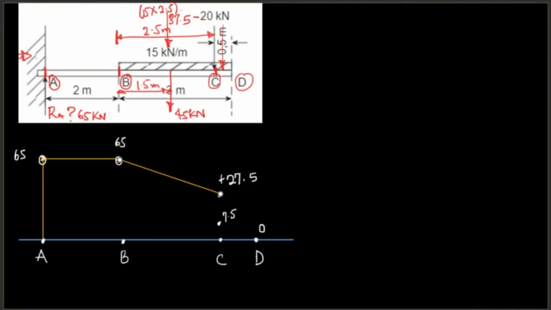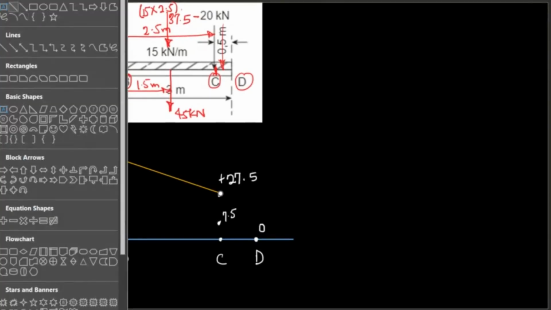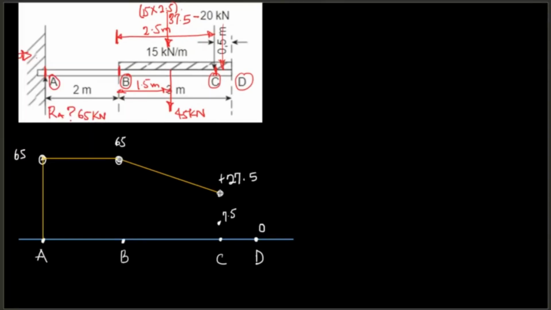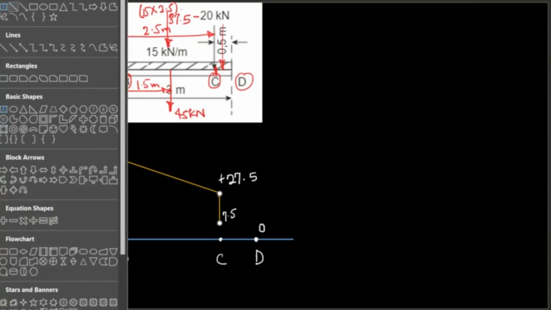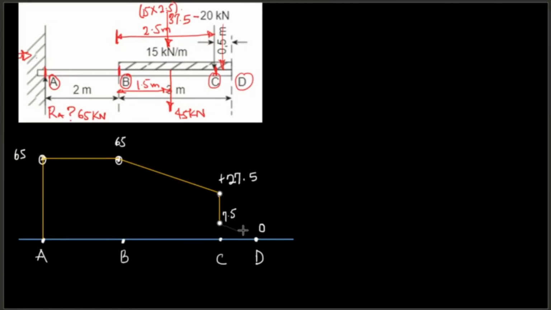I'm going to have another line coming down, plus 27.5 to 7.5. And then because that is a UDL there, it's going to come like a straight line joining them. Okay, so this is my shear force diagram.